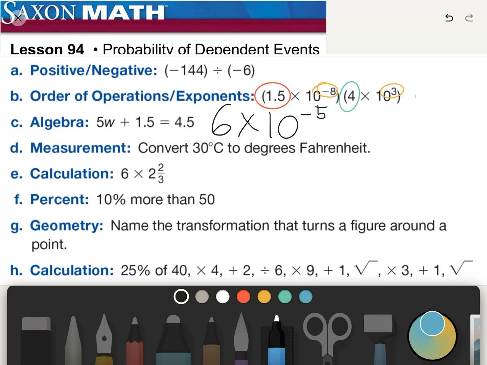So 6 times 10 to the power of negative 5.